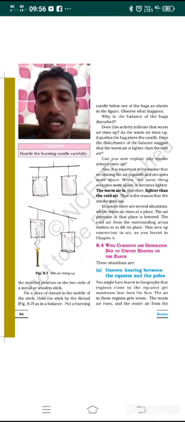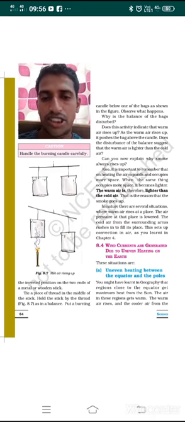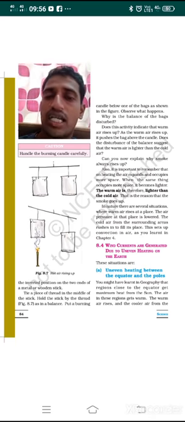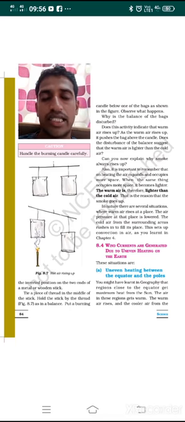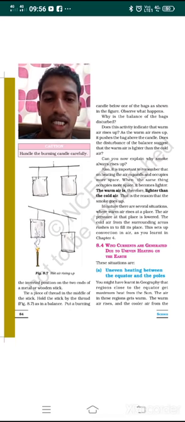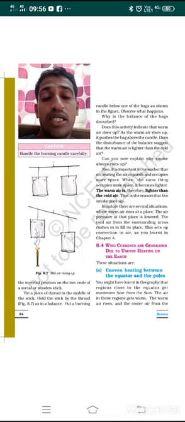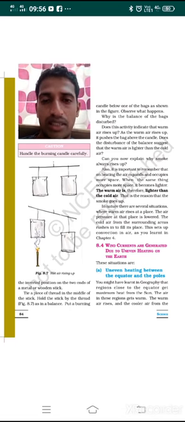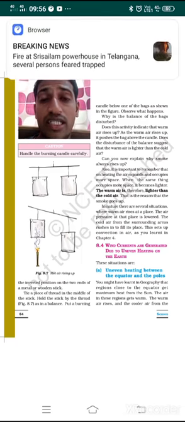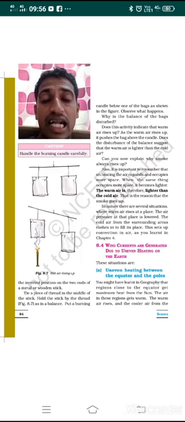In nature, there are many situations wherein, when warm air rises at a place, the air pressure at that place is lowered.